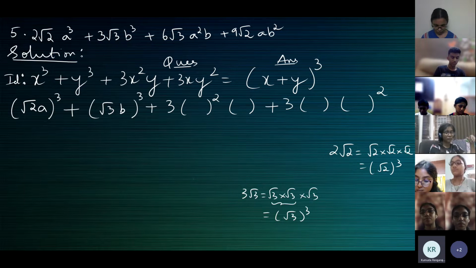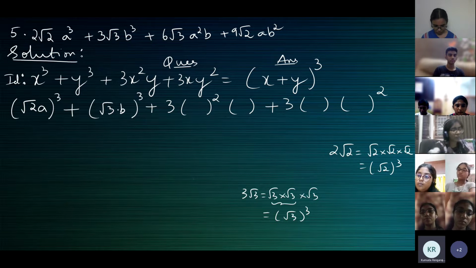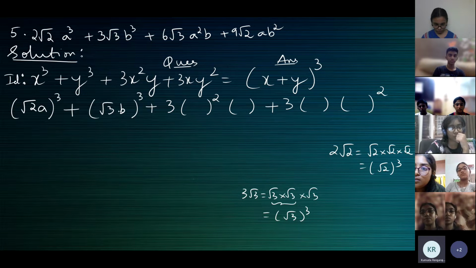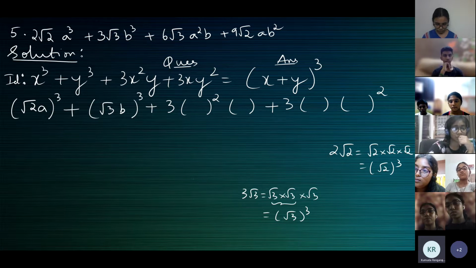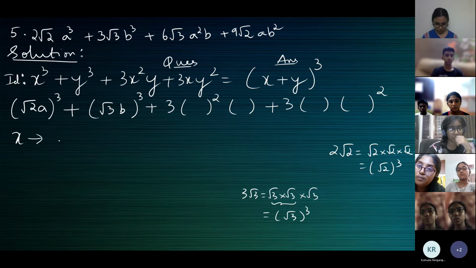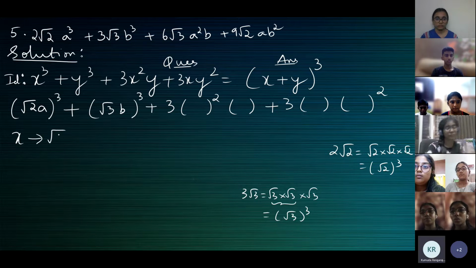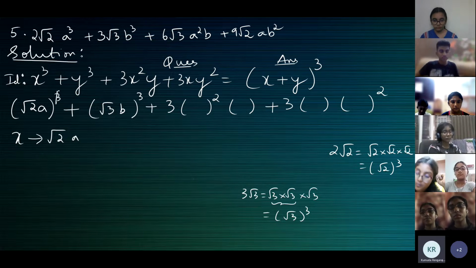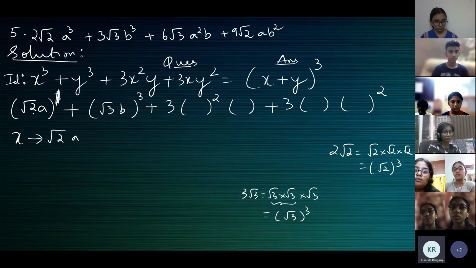Now you have identified your x and y. Because I've written x cubed and y cubed, that means I know my x and y now. What is x? Root 2a, because this is x cubed. Take away the cube, this is x.